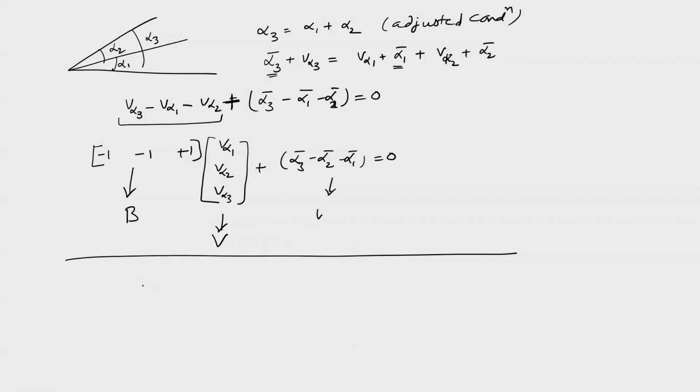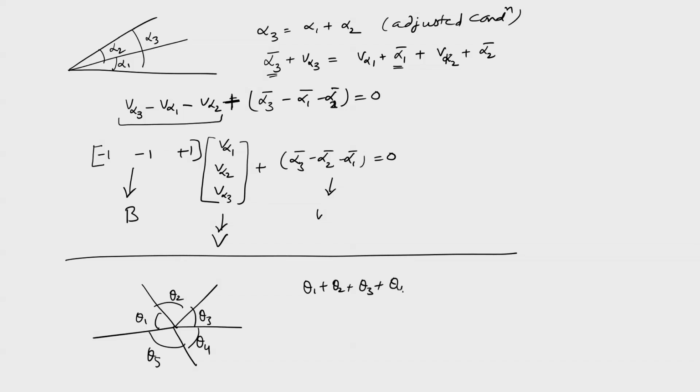Okay, let us take some other examples. Station condition. What is station condition? Let us say at a given station I am measuring 5 angles, theta 1, theta 2, theta 3, theta 4, theta 5. I can write a condition like this, theta 1 plus theta 2 plus theta 3 plus theta 4 plus theta 5 equals 360 degrees, which we call the station condition. I can follow the same process.